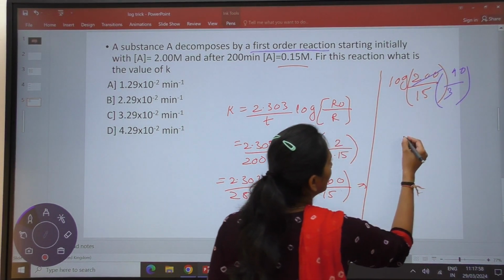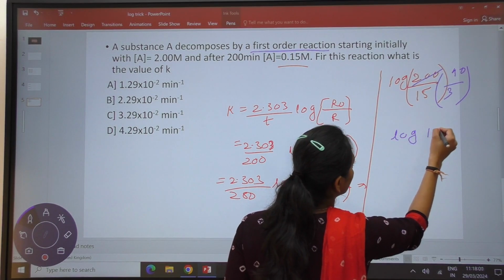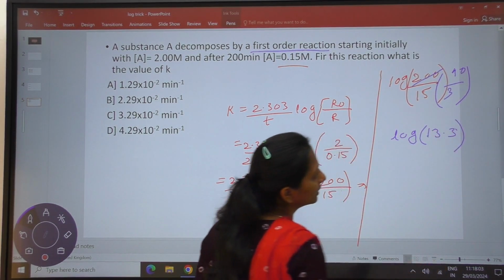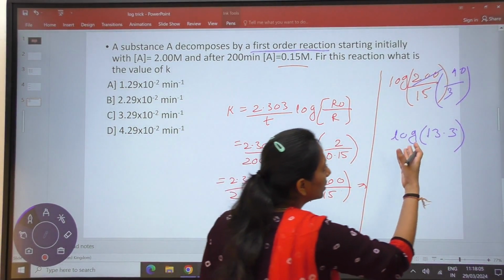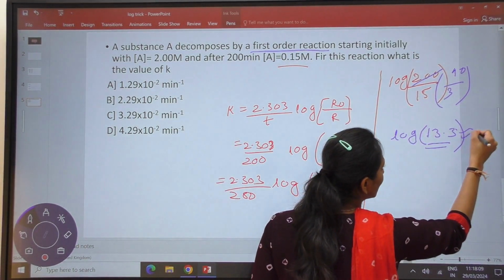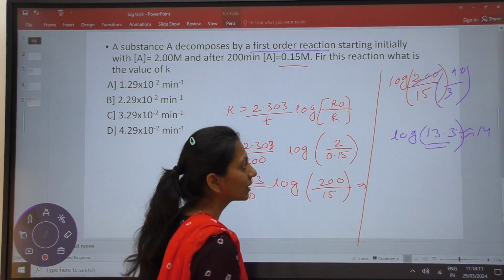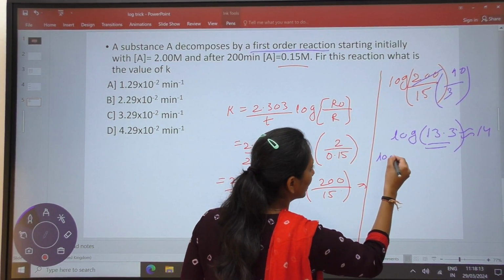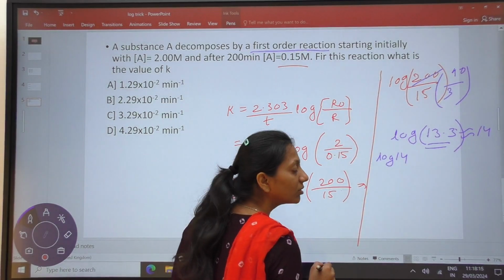How much will you get? Approximately 13.33. Now how to find the log 13.33? We will keep it as approximately equal to 14. Okay, now log 14 we have to calculate. How to find the log 14?